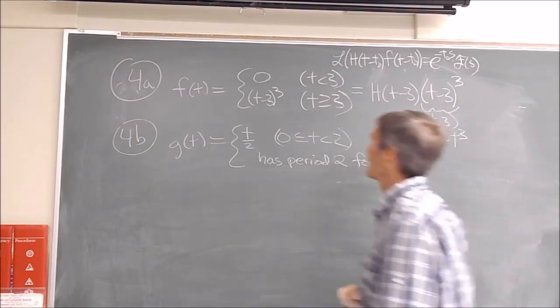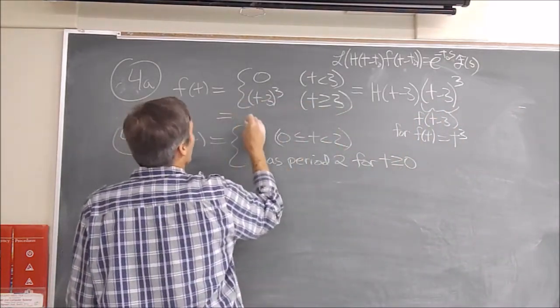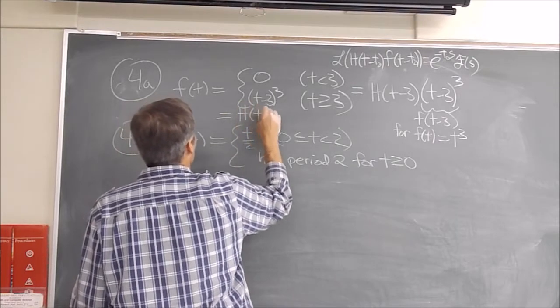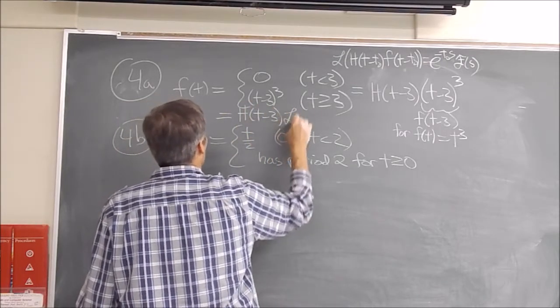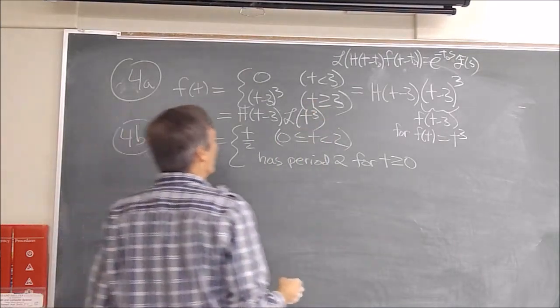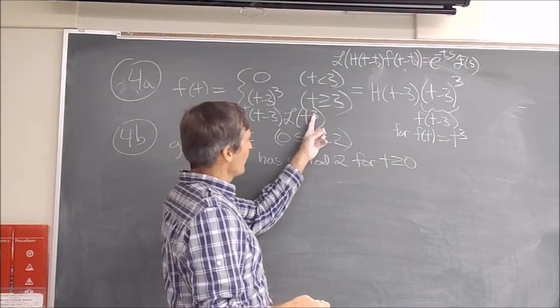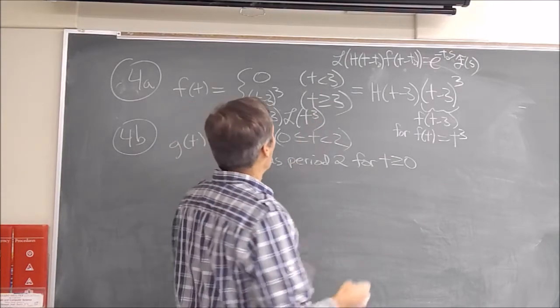So for this one, we'll say the unshifted function was t cubed. What we want here is e to the minus 3s times the Laplace transform, not of t minus 3 cubed, but of t cubed. Well, t cubed, remember, t to the n has transform n factorial over s to the n plus 1.